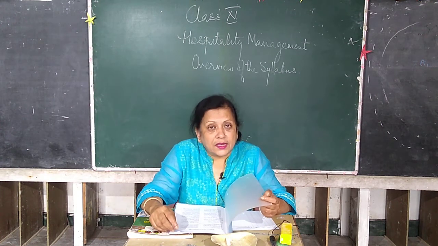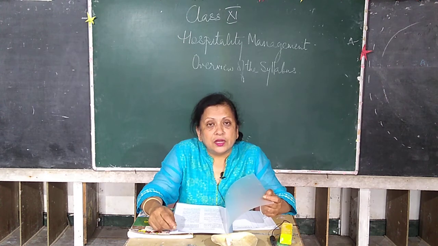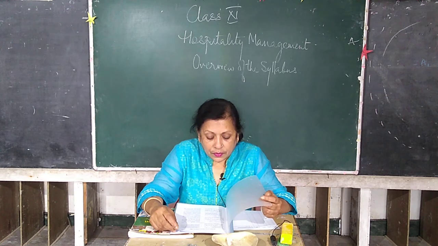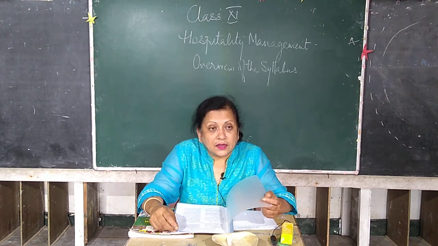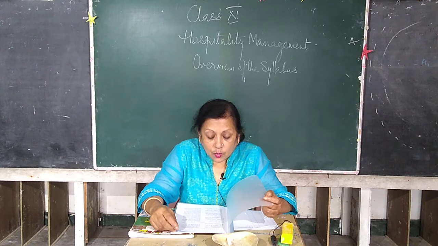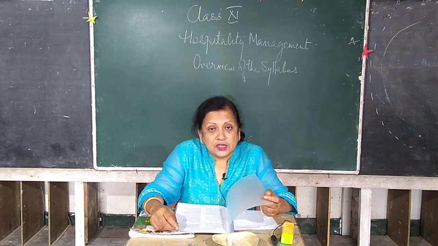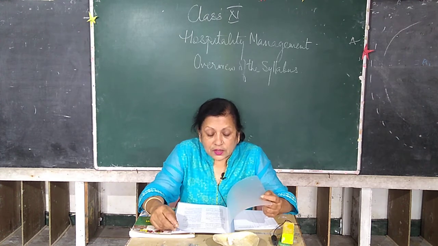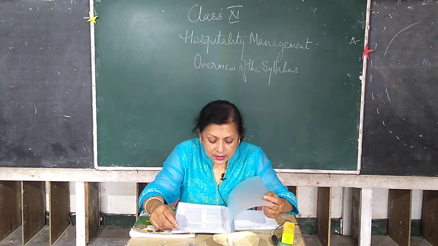I repeat once again, paper 1 is your theory paper, which is 70 marks, while paper 2 is your practical paper, which comprises 30 marks. So the total marks allotted for this subject is 100 marks.